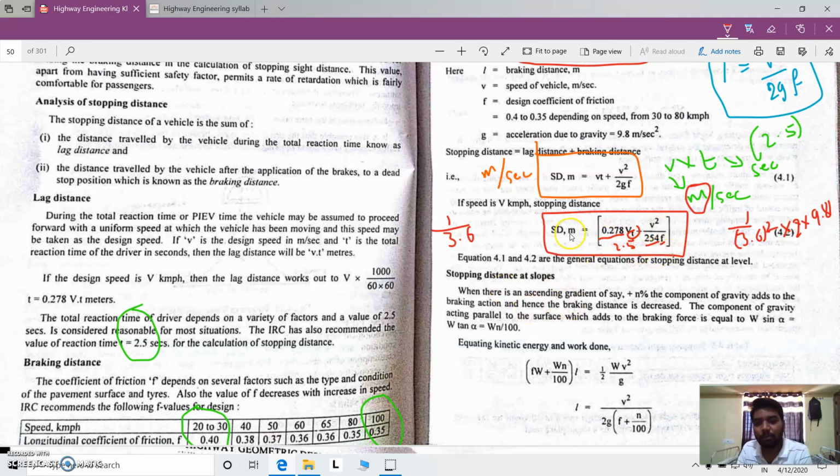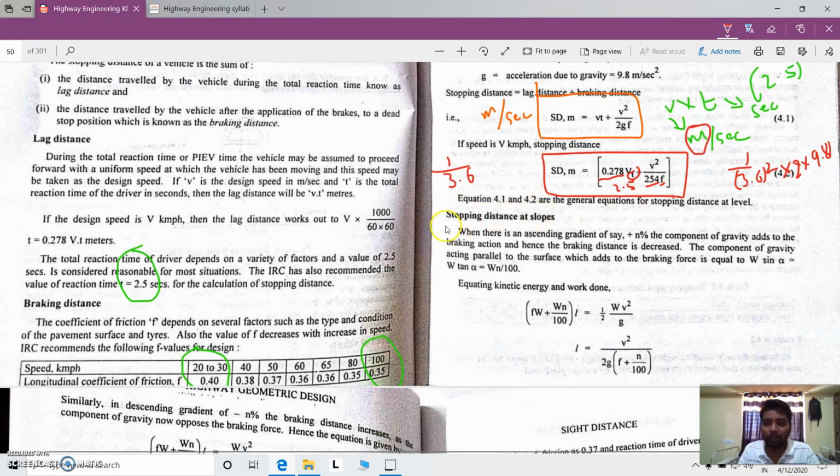This much needs to be considered whenever you are calculating stopping sight distance in plain areas. We are not considering hilly areas, or any gradient in the road, so the gradient is considered to be 0 when you are using these two formulas.